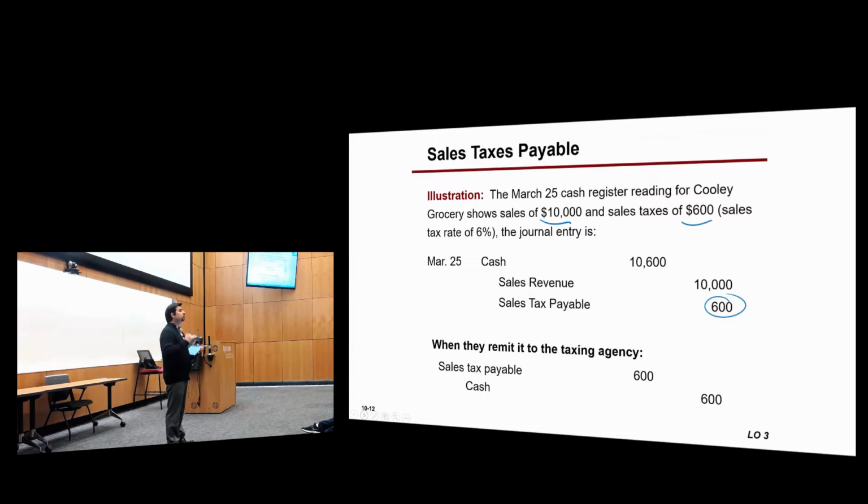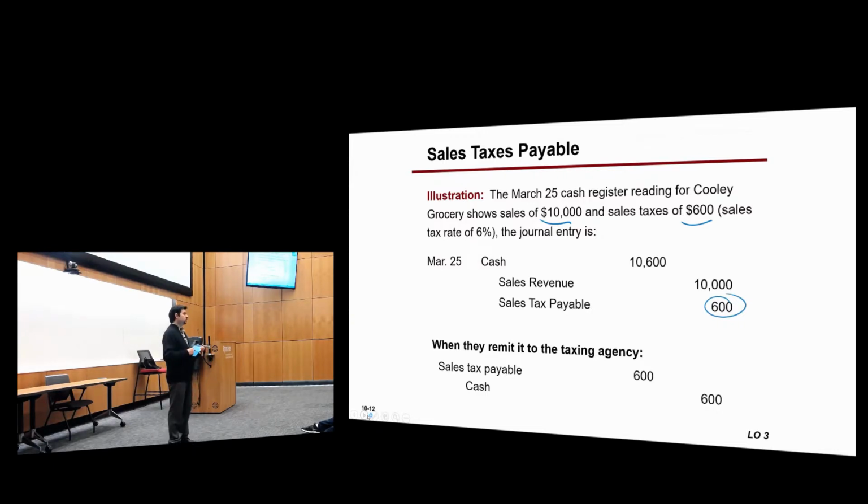In this case, they don't owe the tax agencies any more money. However, the cash has decreased. This is why it's not an expense. It's not something that the company has incurred. It's simply the company taking that money and sending it over to the tax agencies.